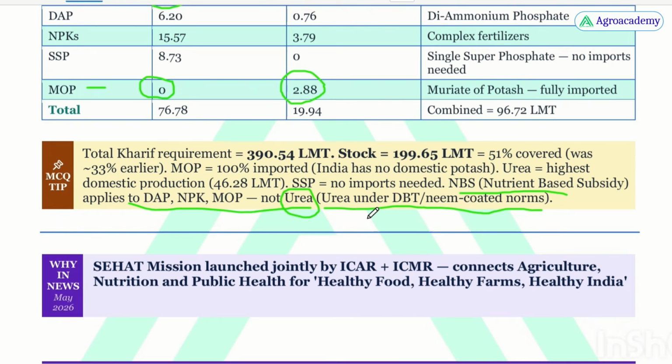So the price of urea doesn't change, but if the cost of production increases for the company, then the government has to pay more amount to the company. But the farmer doesn't need to pay more. Farmers will get the fertilizer at whatever price was fixed by the government. So the burden doesn't rely upon the farmers, but the burden relies upon the government.